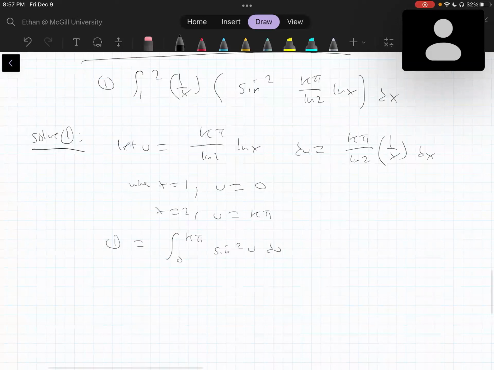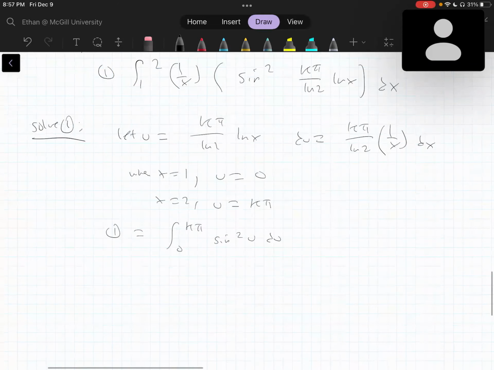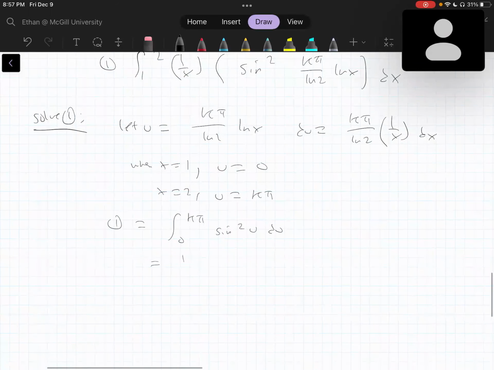The integral of sine squared, when your bounds are from 0 to a number, is just going to be half of the upper bound. So that's simply k pi over 2.